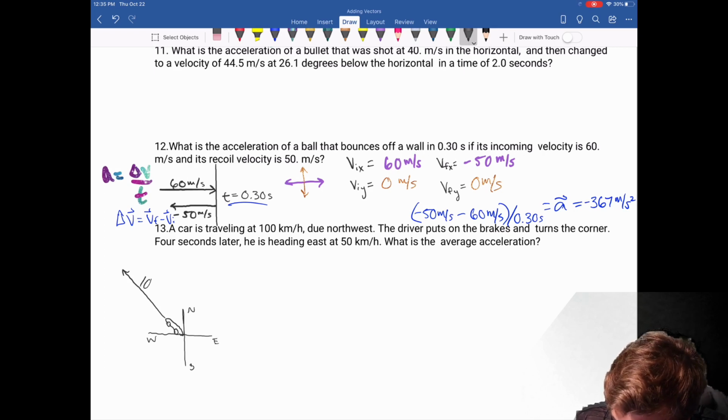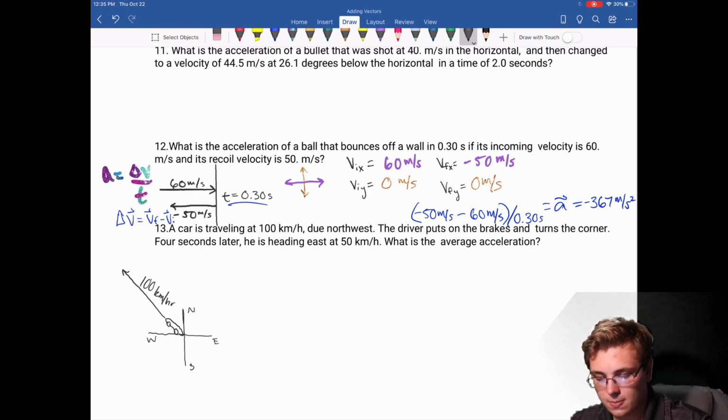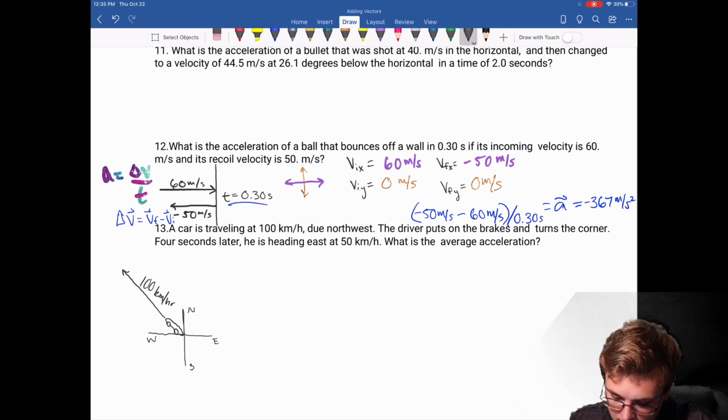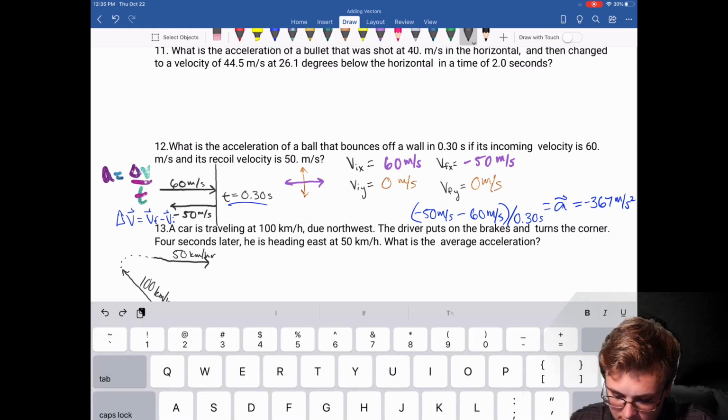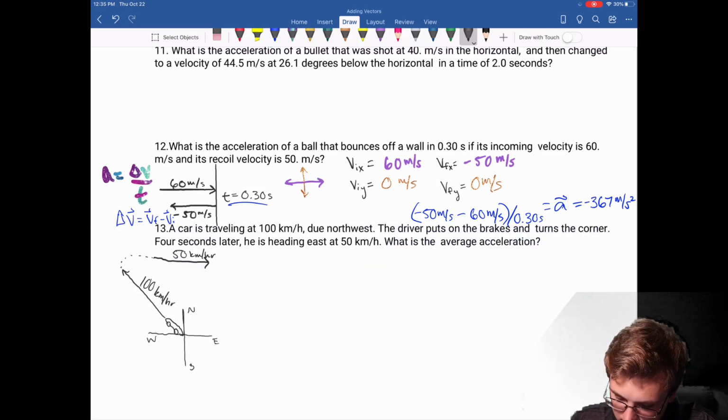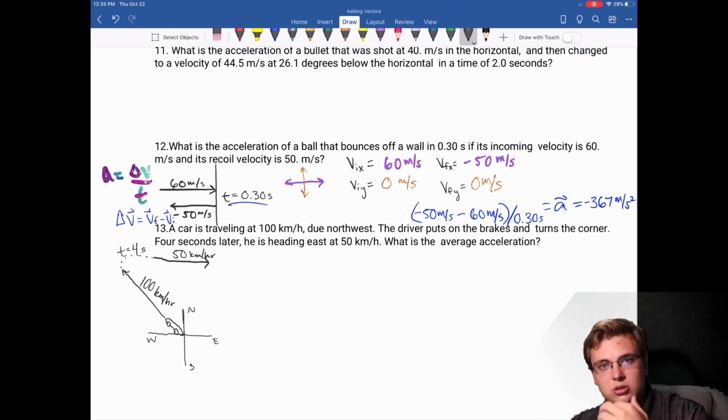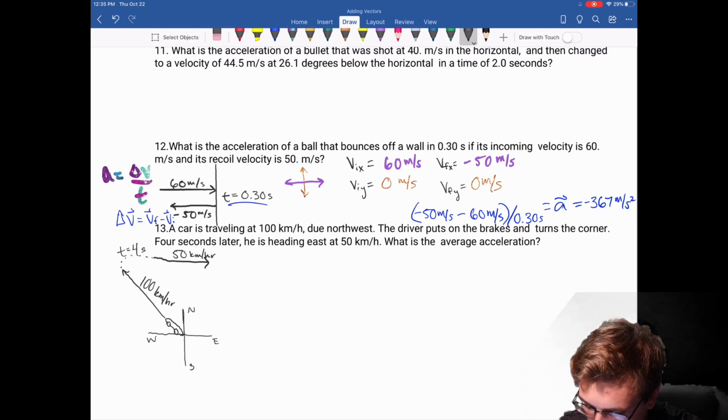It's going at 100 kilometers per hour. Now, the driver puts on the brakes and turns 4 seconds later and is heading east. So now, going east at 50 kilometers per hour. The time that it takes is 4 seconds. So we have our picture, we see what we're doing.